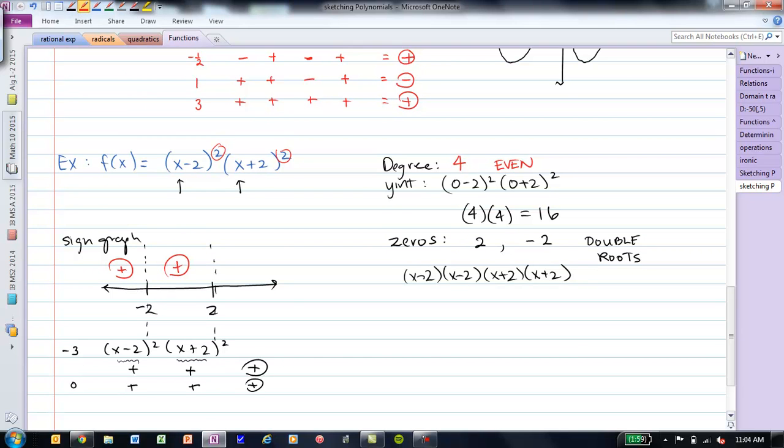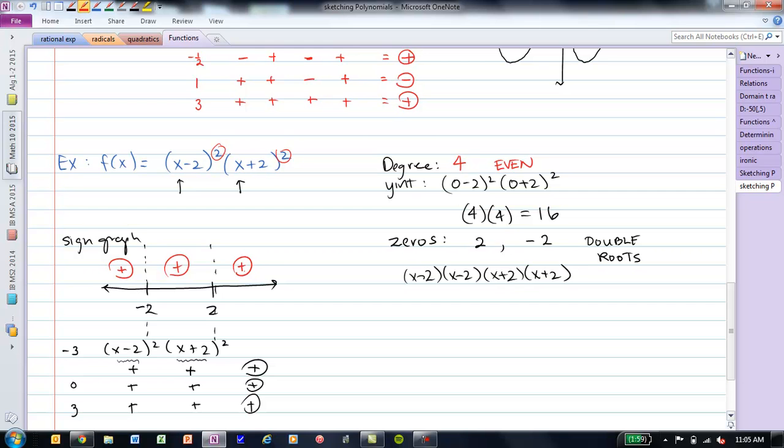So that's also above the x-axis. And then finally, in our last section, we're going to choose a number like positive 3. If I choose positive 3, my first term is going to be positive, my second term is going to be positive, so the whole thing is positive.